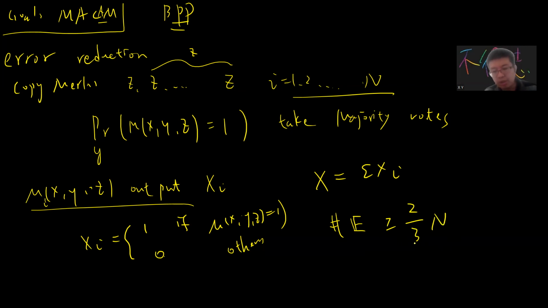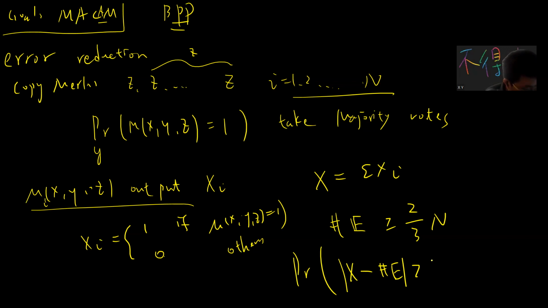So you can ask what is the probability that X minus the expectation value E is greater than or equal to, let's say, 1/3 times n.